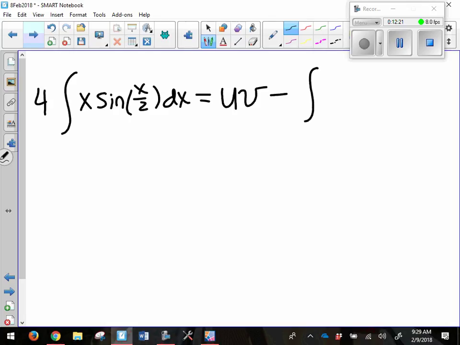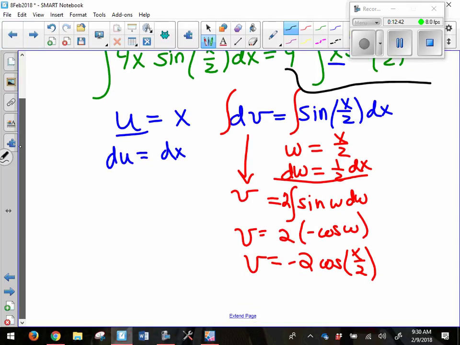Minus. Okay. Again, remember we talked about writing it over and over again and how that's an important thing to do so that you remember it and you learn it. So if we flip back here, what's u? u is x, and what's v?